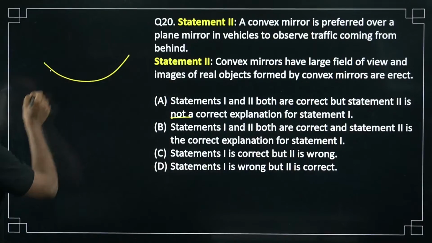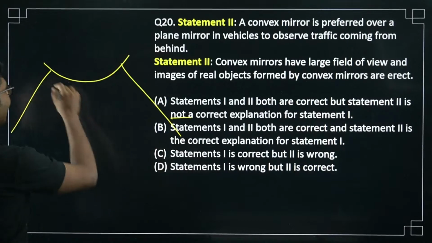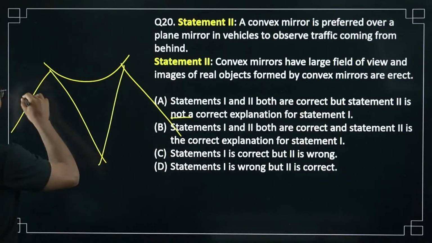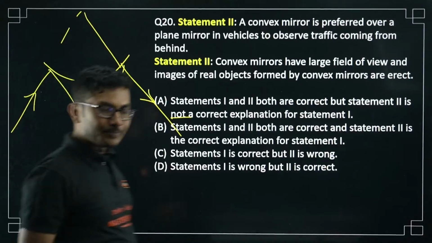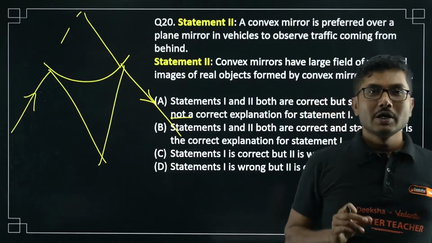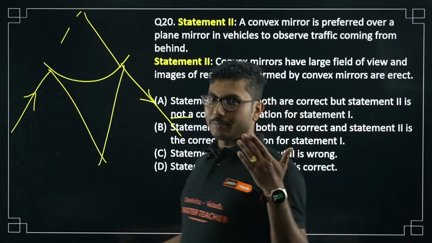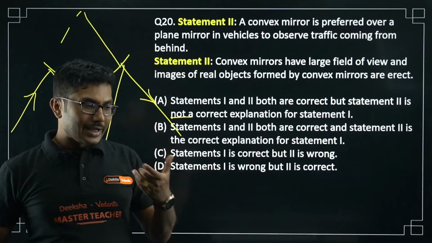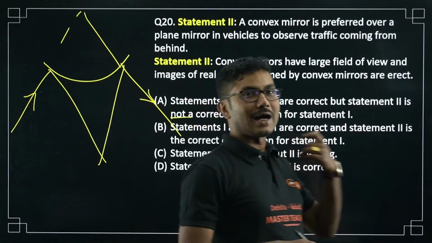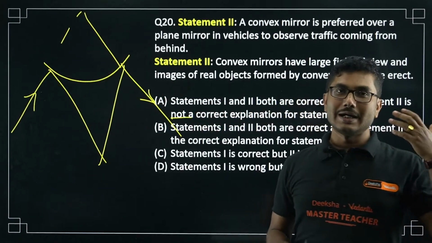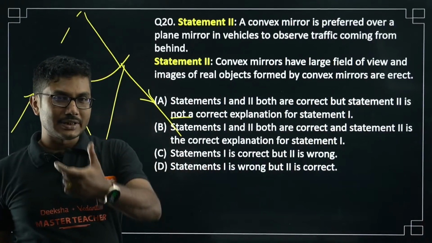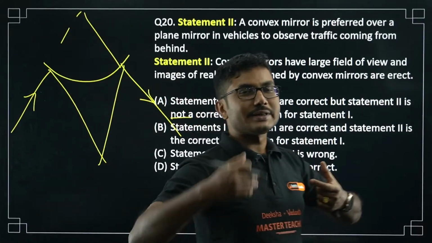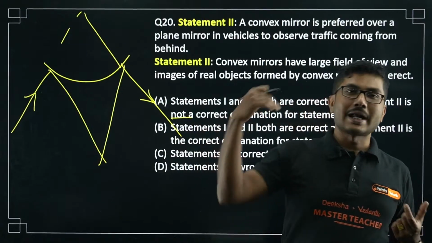And a convex mirror can collect light from a large area, and obviously it forms an erect, virtual, smaller image. That is why, if you see a newly purchased car or bike, it is written that the size does not represent the distance. Even if the image appears smaller in the mirror, the objects are much closer than they appear.